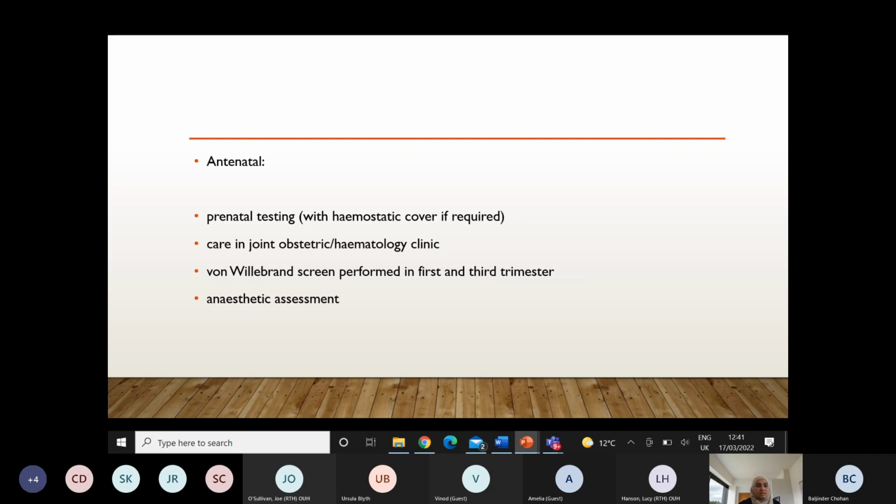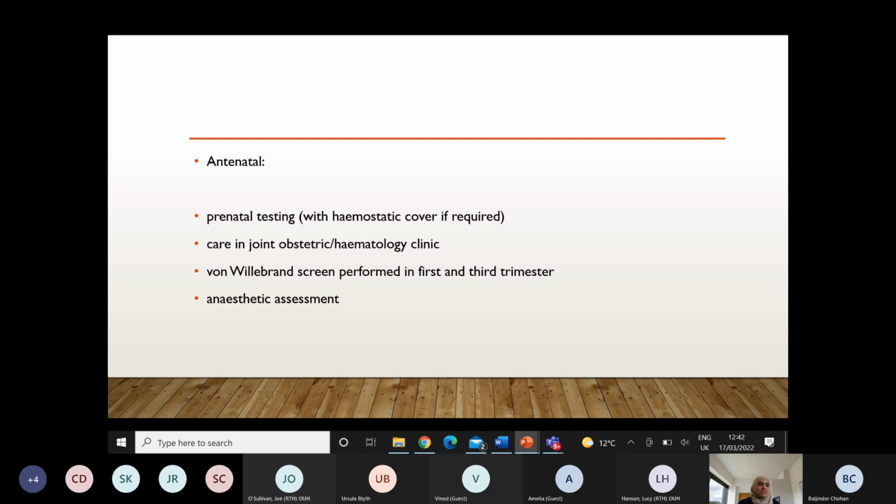Antenatally, as we discussed, prenatal testing with hemostatic cover, and a joint hematology obstetric clinic. We do not currently have a joint clinic in RBH, so we have to increase the communication with hematology. Sometimes we get a reply, if we're lucky, in a couple of weeks' time, but that's more for non-urgent cases.